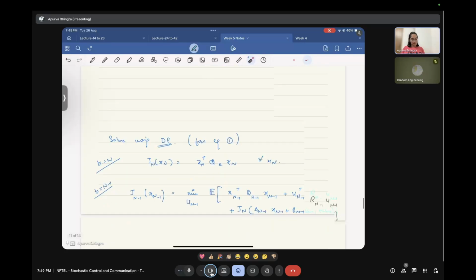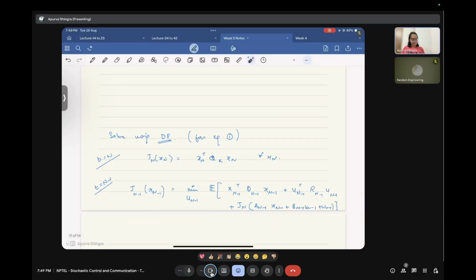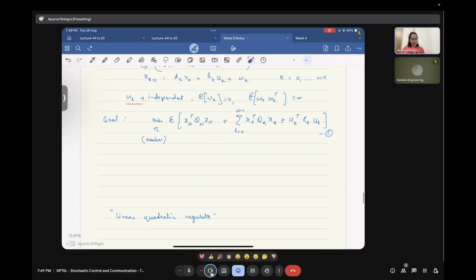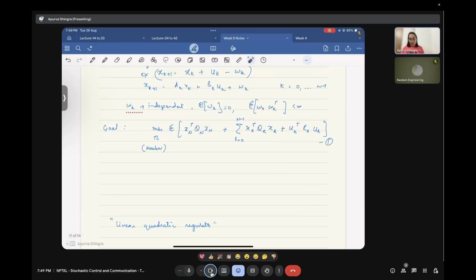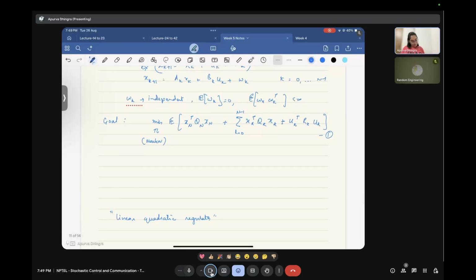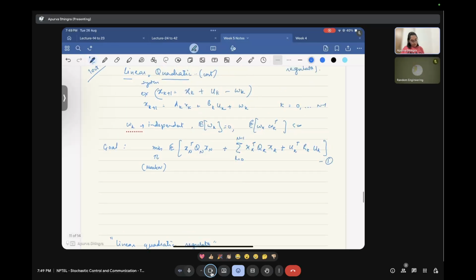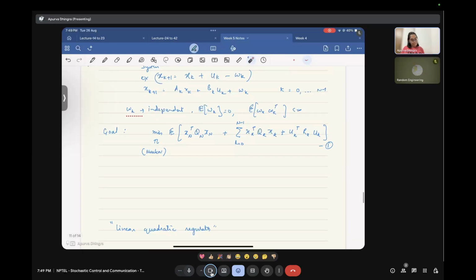Okay, in such a problem, I forgot to mention a few things. The xk's and uk's are some vectors, the ak's and bk's are some matrices. They have to be appropriately chosen, that's all. wk is also again some vector.